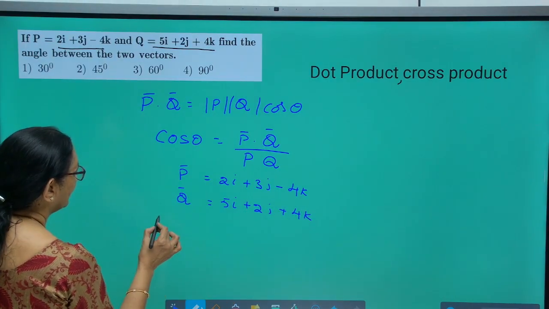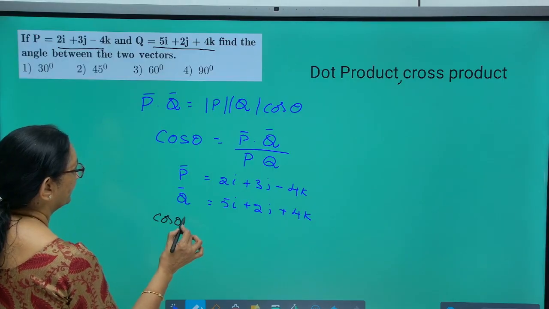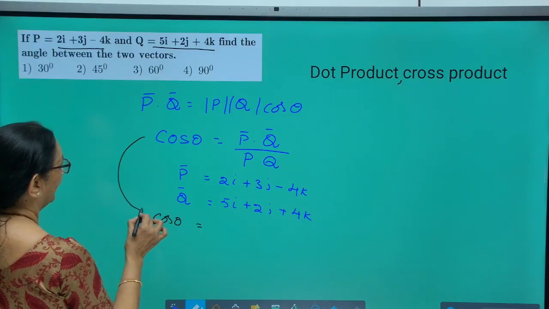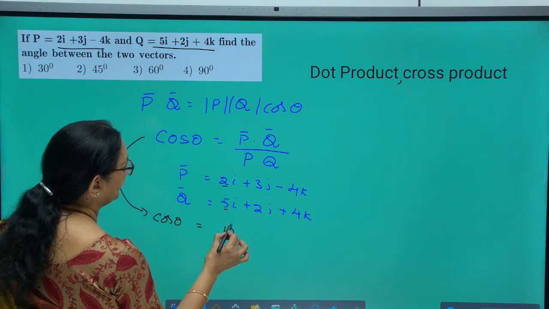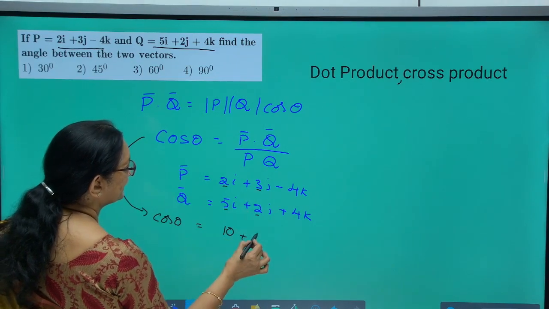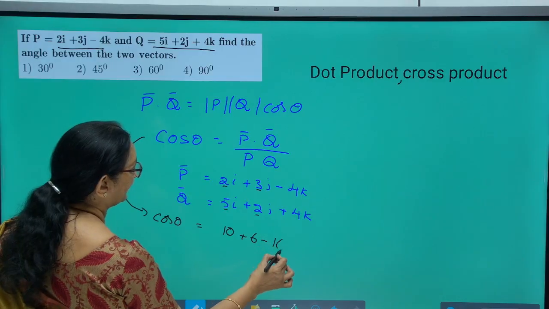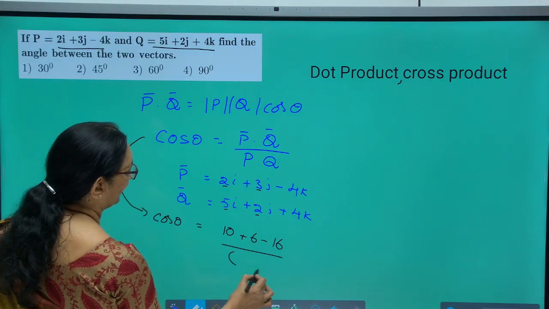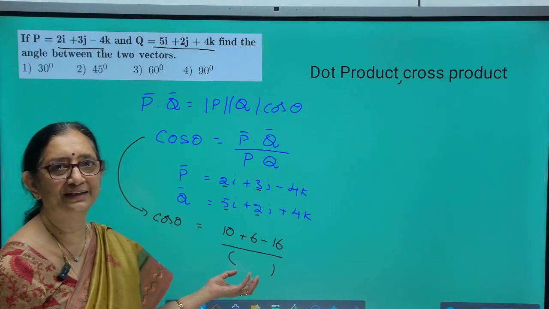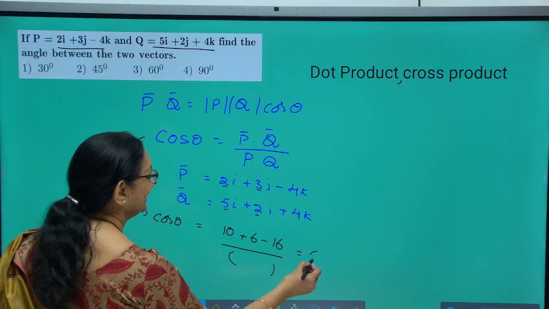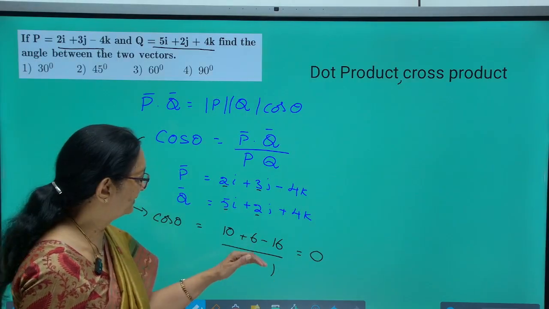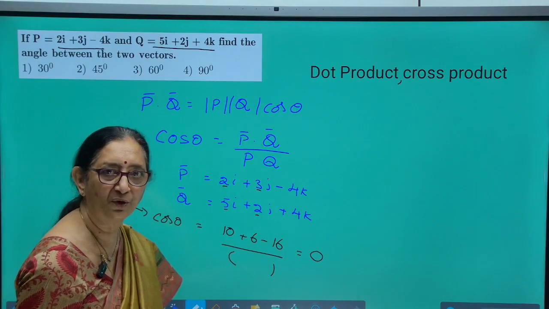See here, cos theta is equal to, from this formula, p bar dot q bar: 2 fives are 10, 3 twos are 6, minus 16. So if you just look at it, you need not work hard for the denominator because the numerator is already 0. So 0 by something is always 0.